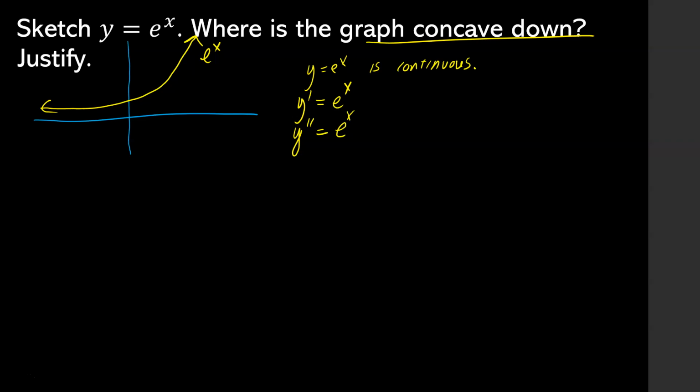Okay, well, let's see what we get. Maybe we let y double prime equal 0. So where is 0 equal to e to the x? Well, look at the graph in the top left-hand corner here. Where does this graph cross the x-axis? It does not. Okay, where is e to the x undefined?